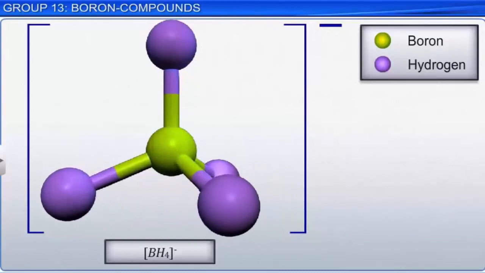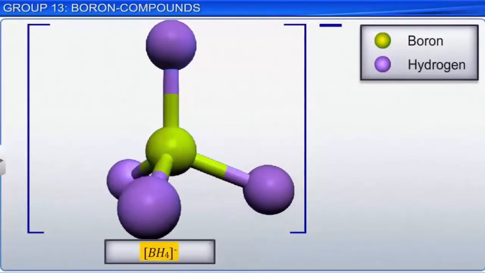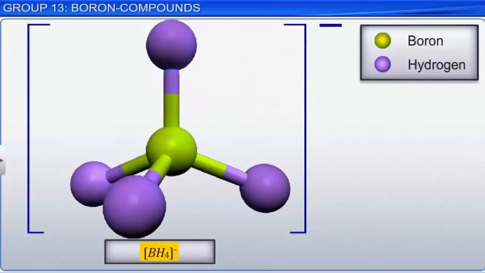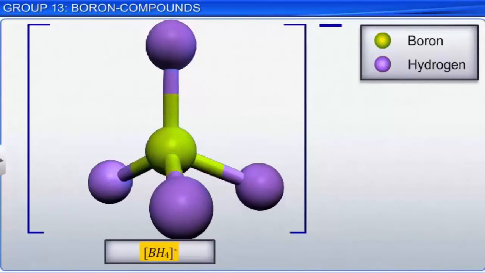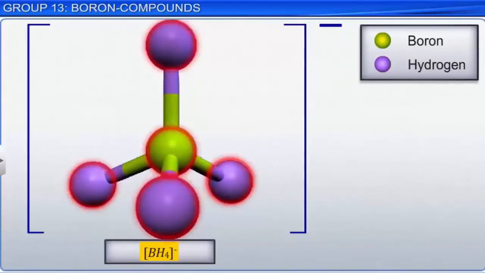Boron forms a series of hydridoborates. One such ion is the borohydride ion, BH4-, which has a tetrahedral geometry.